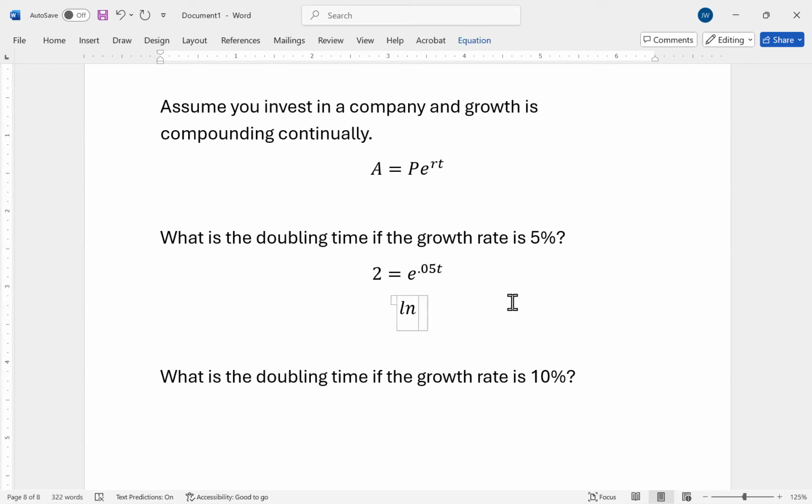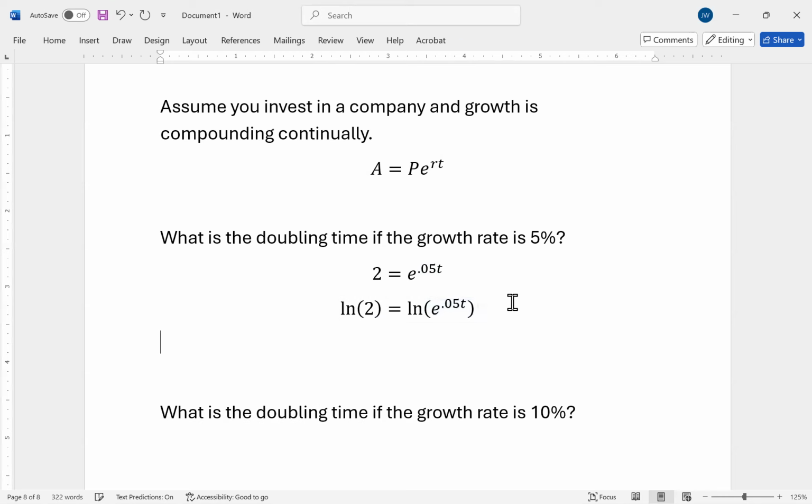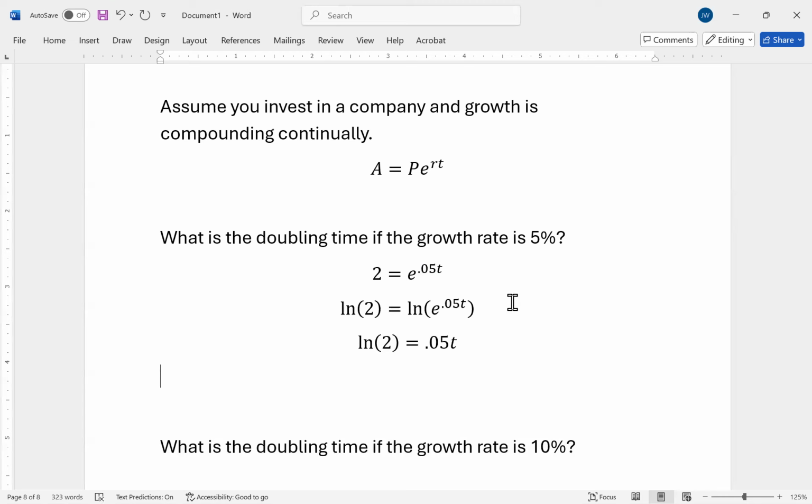Applying natural log to both sides would give me natural log of 2 is equal to natural log of e to the 0.05 times t power. We know what happens on the right. On the right, we just get the exponent because of the inverse property of logs and exponentials. So we would end up with natural log of 2 is equal to 0.05 times t.